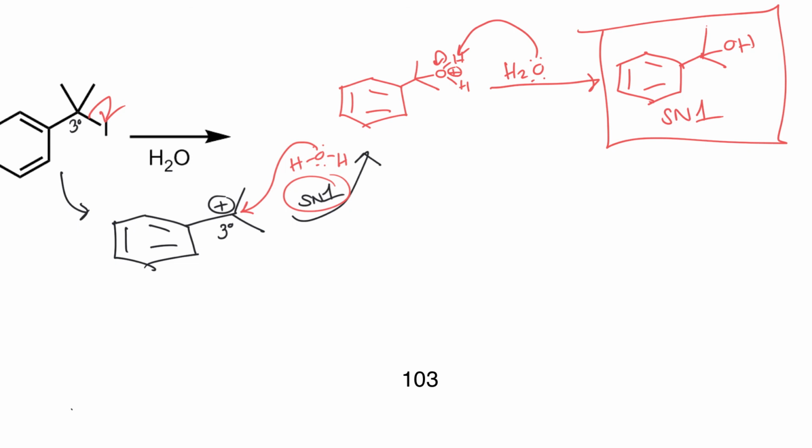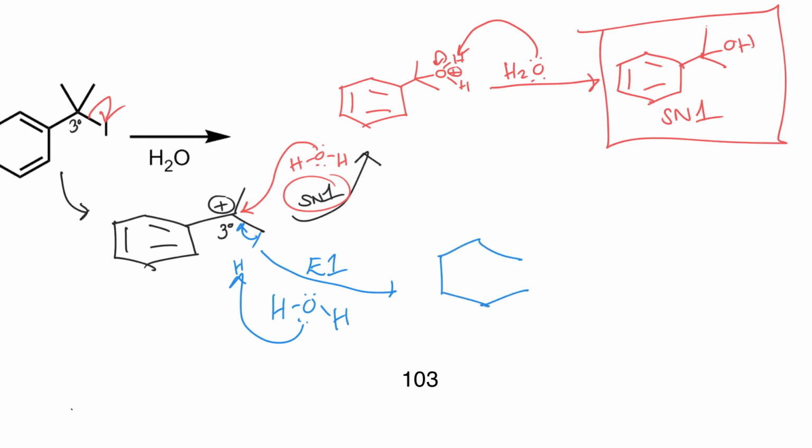Let's do the elimination path. If we do E1, that means that water is our base. That means we need to find a beta H. Let's take this one. Could have taken the other one, they're equivalent, right? So take the lone pairs from water, grab an H, fill that open octet with electrons to form the pi bond.